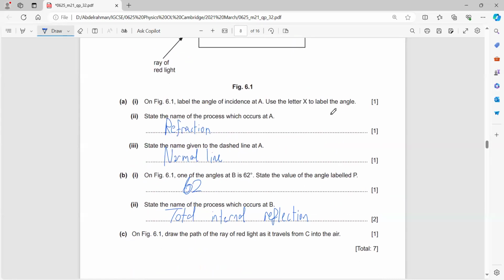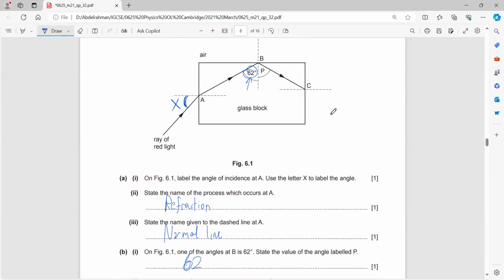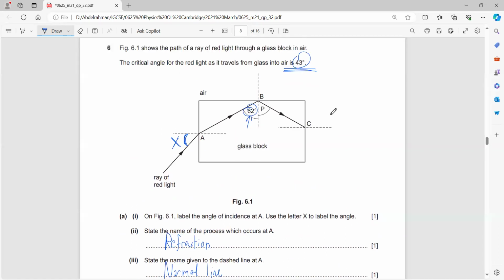At C, what will happen? Refraction again. How will it move? Upwards, downwards, with the same direction? Will it bend towards the normal or away from the normal? It will bend away from the normal.